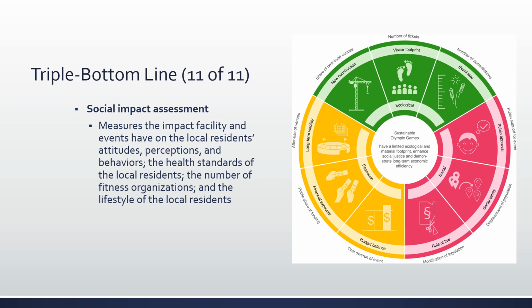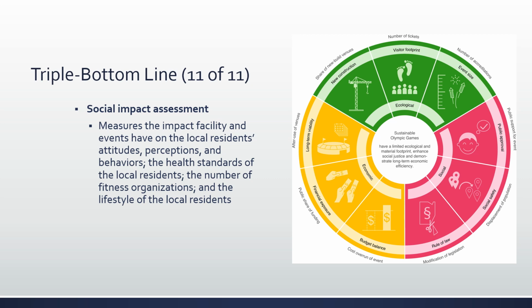Social impact assessment is a process of identifying, measuring, and evaluating the social impact of a project or an initiative. In the context of sport facility and event management, social impact assessment can help to identify the positive and negative social outcomes of sport initiatives and develop strategies to maximize the positive impacts and minimize the negative impacts.